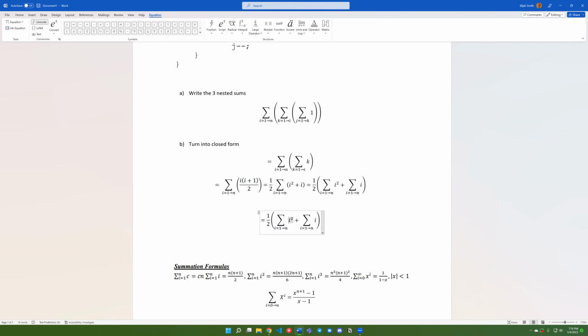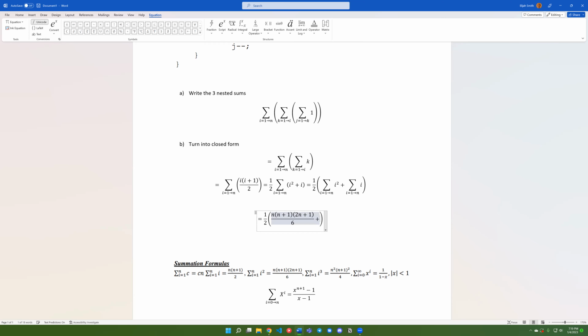So our i squared here, we have a formula that helps us with this. Our i squared formula says that we have n times (n plus 1) times (2n plus 1) divided by 6. And then our formula for summing i tells us that we have n times (n plus 1) divided by 2.